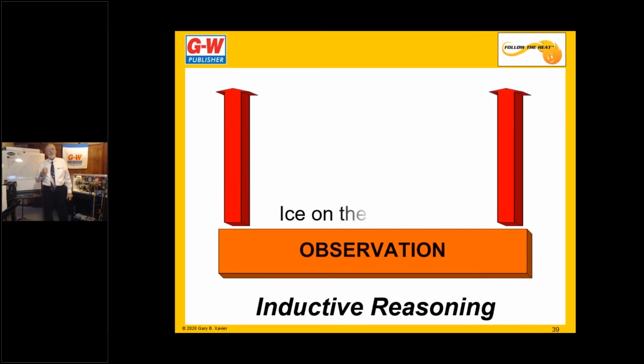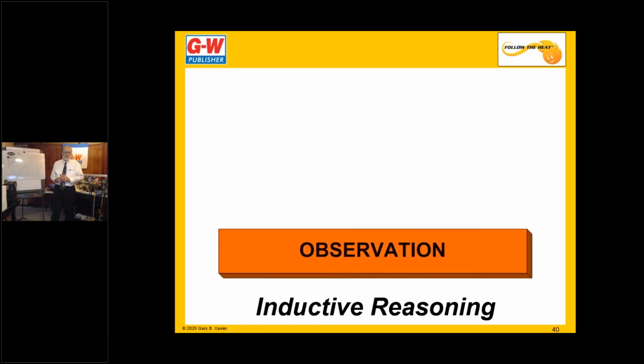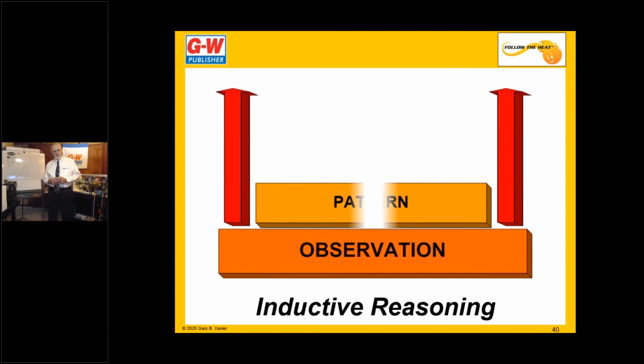I observed ice on the evaporator. That's my observation. So I look at my ice on the evaporator. And I look for a pattern. Where did the ice start? Is the entire evaporator covered with ice? And what causes ice to form?